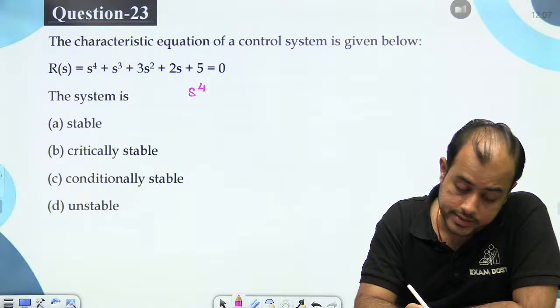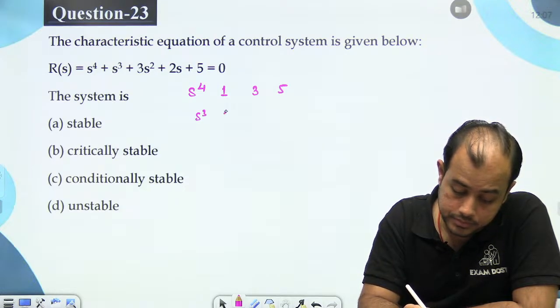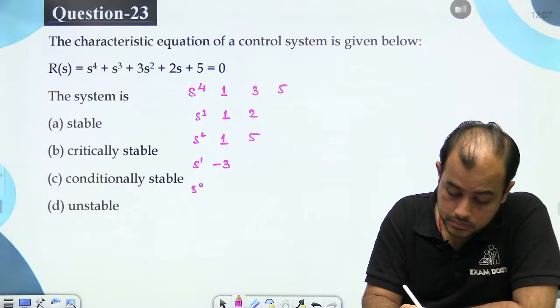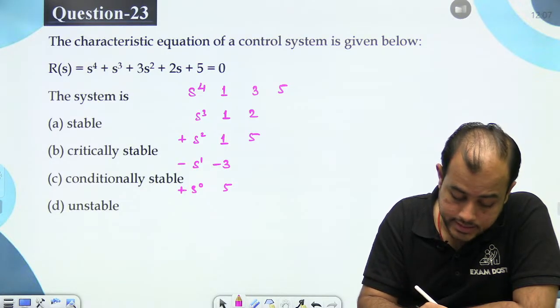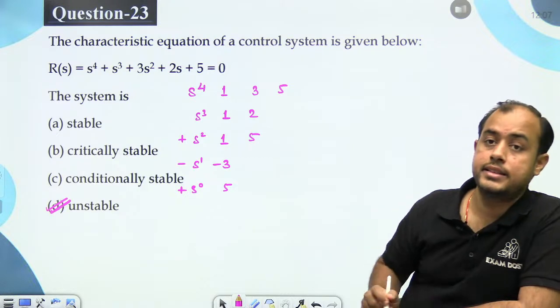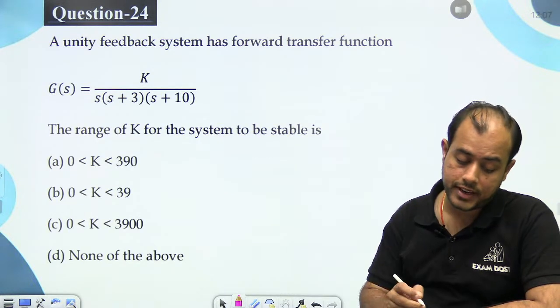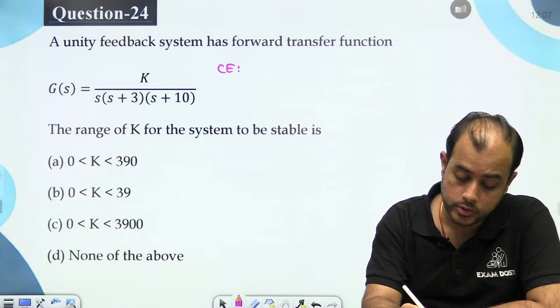Characteristic equation is given. Again, there are two sign changes, so it is unstable. ESE 2012, range of K for the system to be stable.